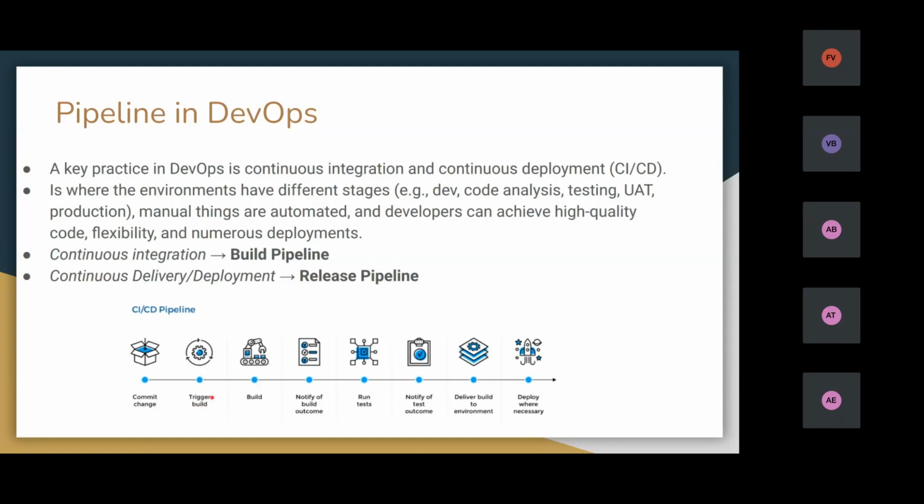Then the build is triggered. There will be many steps. If it is Java code, and if a Maven build machine is to be used, then that build will go to this build machine.